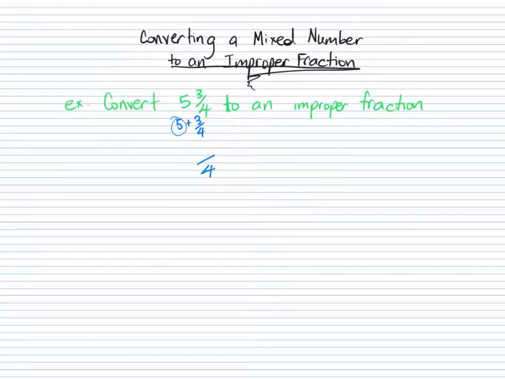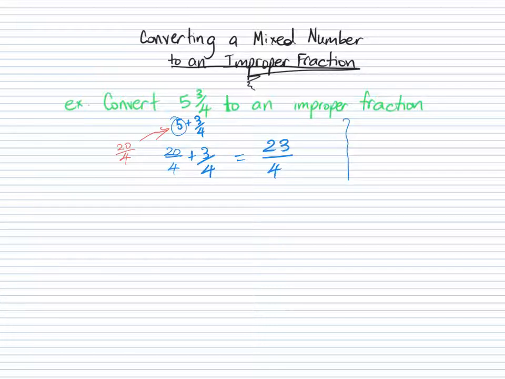So 5 is actually 20/4. And you can check it out, right? 20 divided by 4 is 5. So we have here 20/4, that's the 5 part of that fraction, plus 3/4. And so we get 23/4. So 5 3/4 is 23/4.